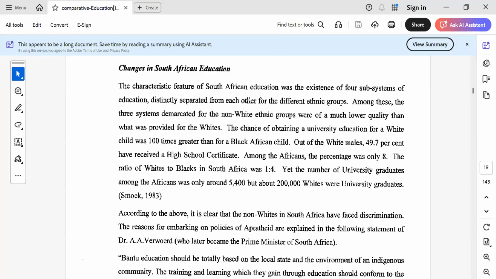So the African population is high. Whites are the minority, but every opportunity and facility is given to white South Africans.